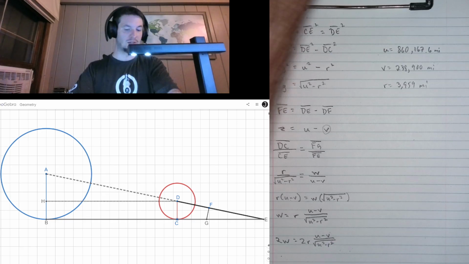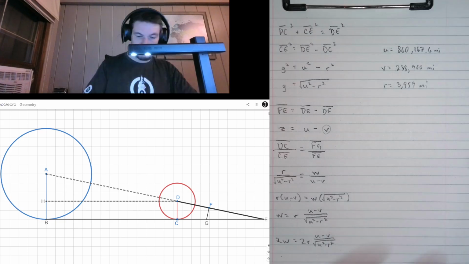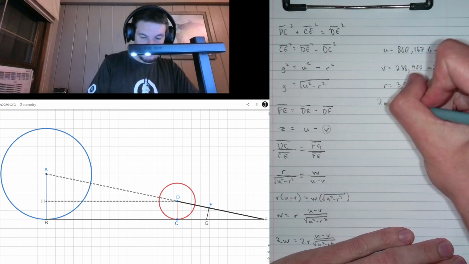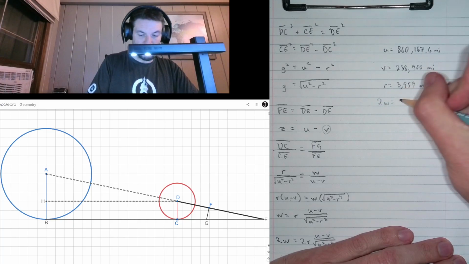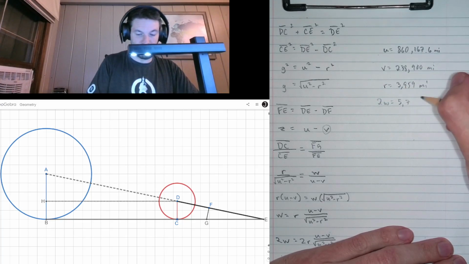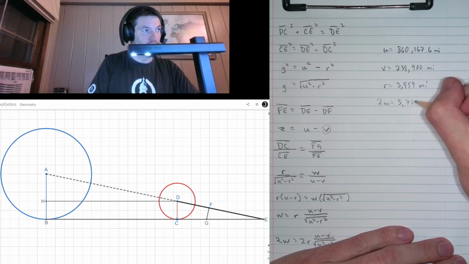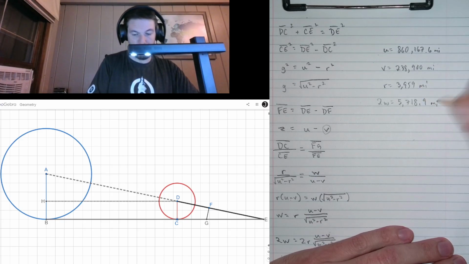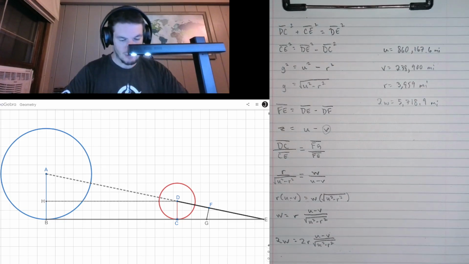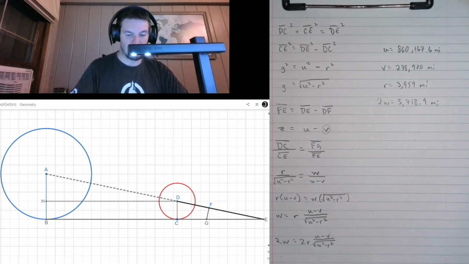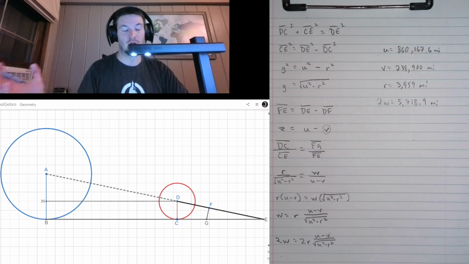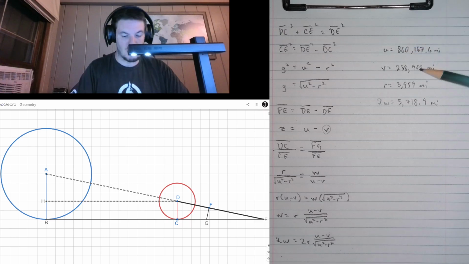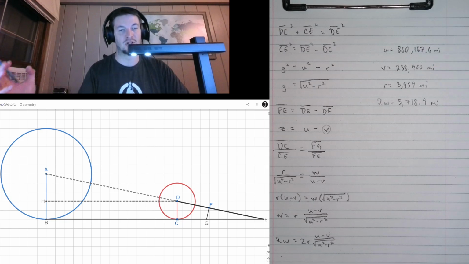All of that together gives us, again, we're doing 2W, the full width, which is 5,718.9 miles. So again, this is assuming that the Earth is 93 million miles from the Sun, and we're looking at a point 238,900 miles from the center of the Earth.